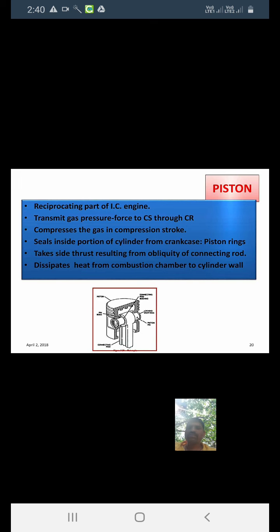Okay, there is one disadvantage of the aluminum alloy: reduction of strength at high temperature. If there is a high temperature, then again the strength of that aluminum alloy is less, and it has a high coefficient of thermal expansion. This is the second disadvantage of the aluminum alloy.